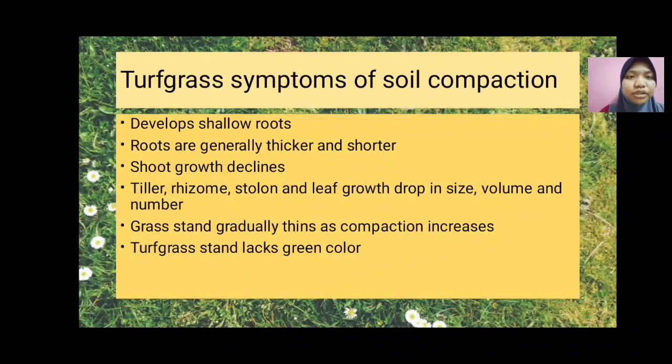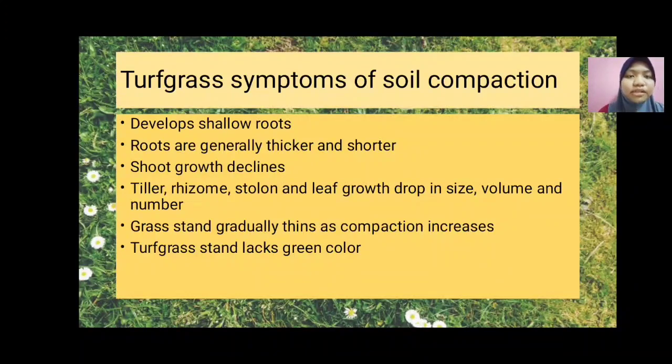And for the shoot, the growth in the compacted soil will be declining, and the tiller, rhizome, stolon and leaf will drop in size, volume and number of growth.